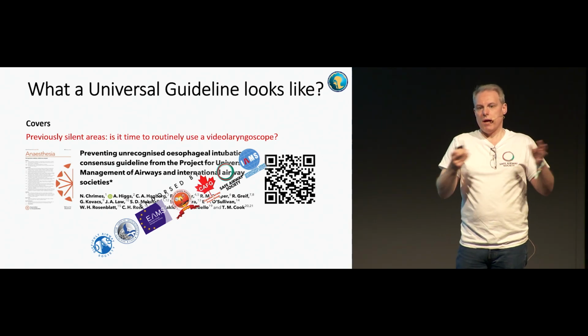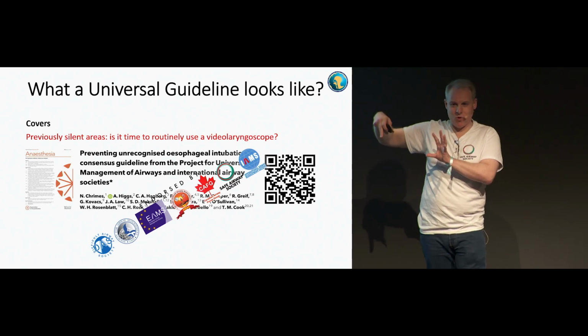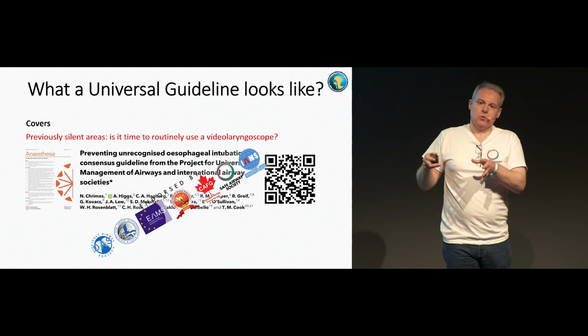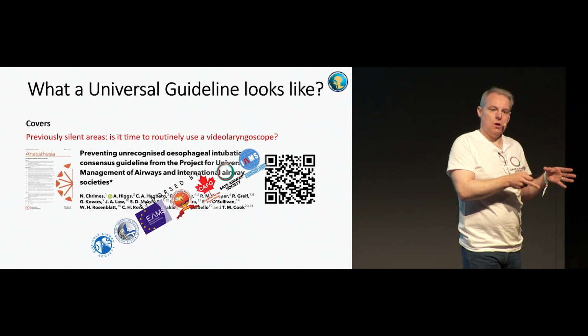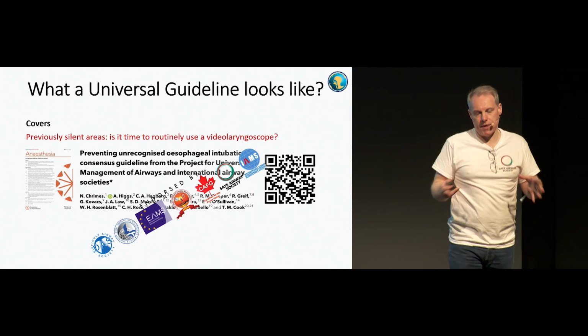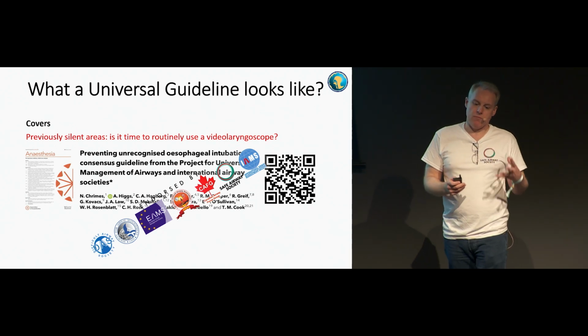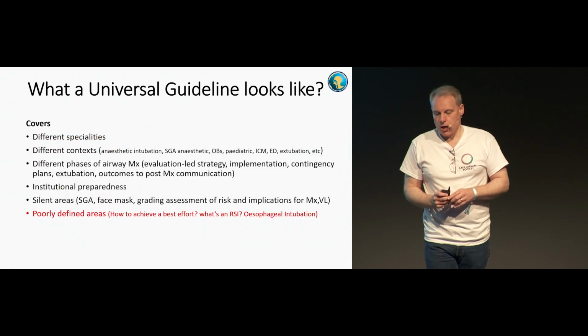And we've got EVLA as well, which isn't formally an airway society, so we can't actually use their logo, but they look after 22 of the Latin American countries, and they endorse it as well. So we've got global endorsement, global buy-in for the use of video laryngoscopy routinely, first go.